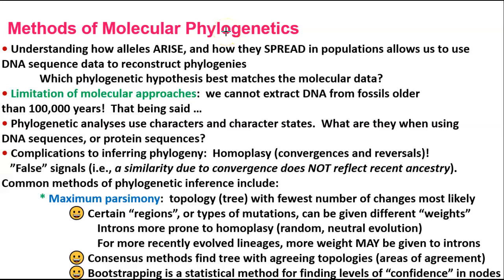So back in chapter 4, we covered phylogenetics, specifically cladistics, a method that uses the principle of parsimony to come up with the evolutionary tree that has the fewest number of steps, the fewest number of character state changes.